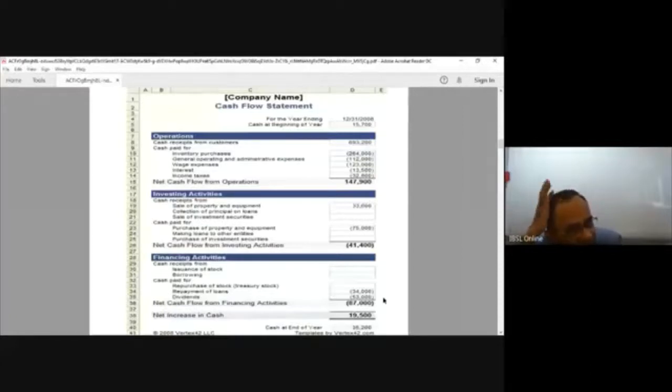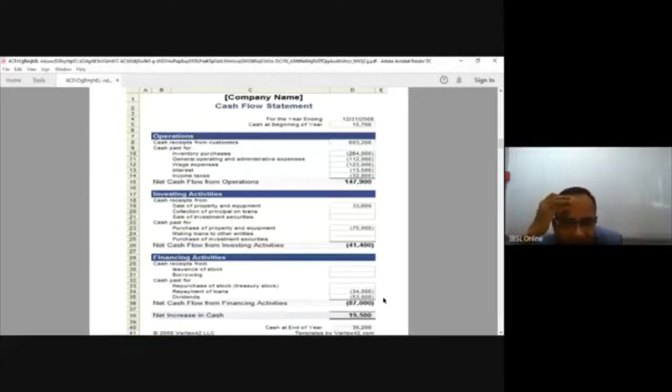There is a repurchase agreement. At a certain point of time, to raise funds, you give your treasury bills, bonds, and raise funds. Thereafter you pay the money and take it back. That's what repo is. Repurchase of stock, repayment of loans, and dividend payment. These are all the financing activities, whatever money is going out. That comes under financing activity.